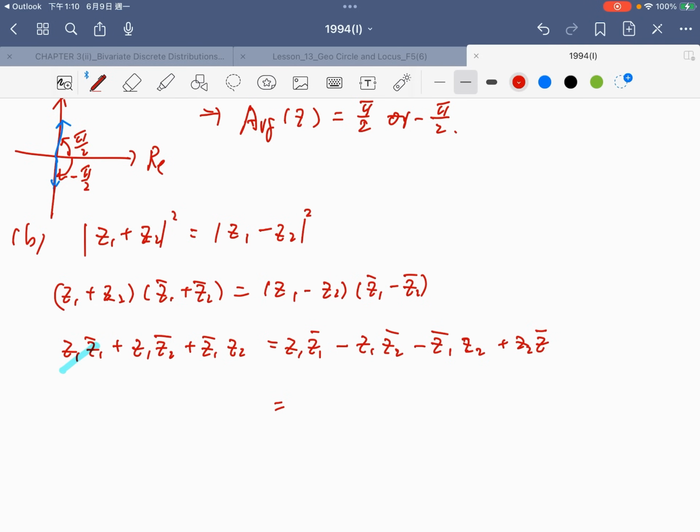Oh, sorry, I missed one term here, z2 times z2 conjugate.